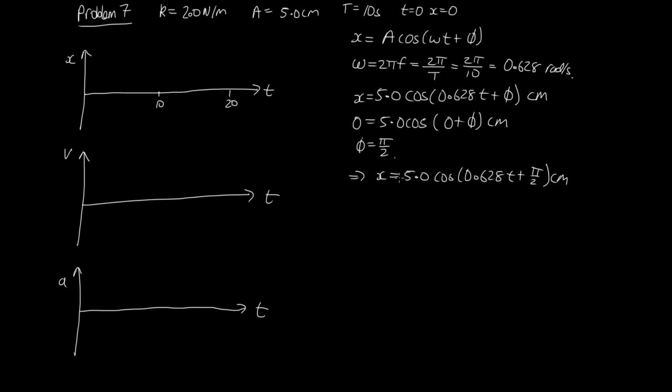And in this case, as t increases from 0, we have this cos function getting smaller and smaller. So the amplitude is 5 centimeters. So it's going between -5 and +5, and that's in centimeters.